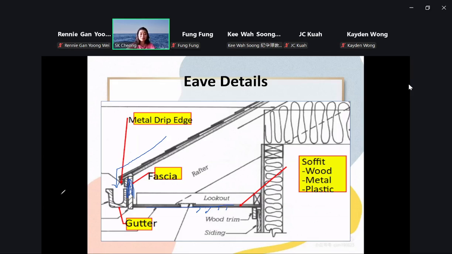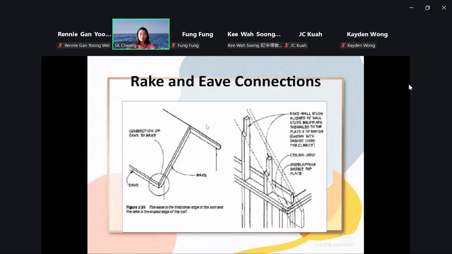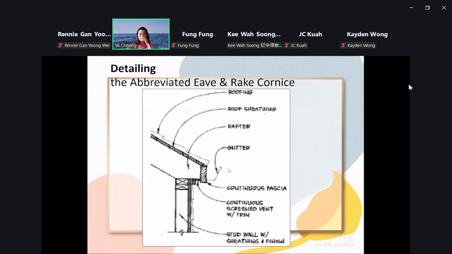Eave over here. This is the rake. This is the eave. Eave and rake connections. The detail is the same over here.